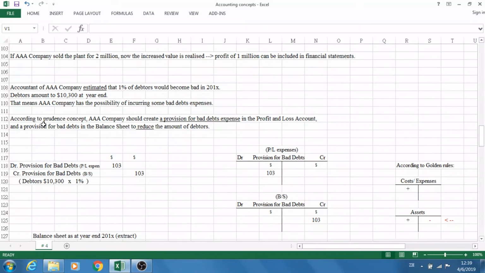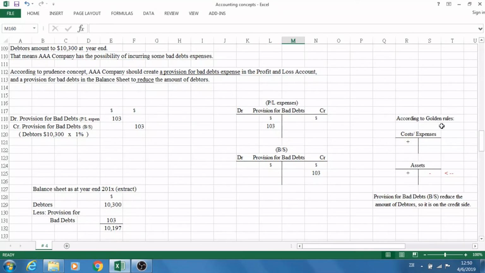According to the prudence concept, AAA company should create a provision for bad debt expense in the profit and loss account and a provision for bad debt in the balance sheet to reduce the amount of debtors.